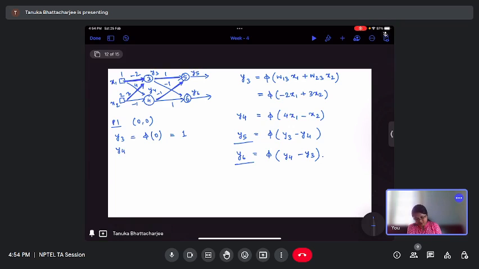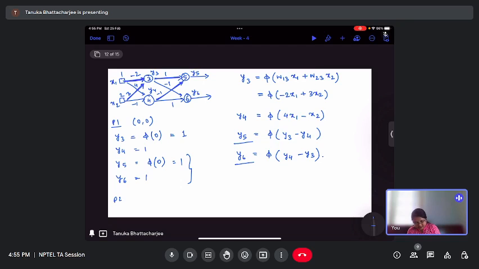Similarly, y4 is also 1 because these two are again 0. Now, both of them are 1. So, y5 is phi of 0, again 1, and y6 is also 1. So, your output is 1 1 for the first point 0 0.